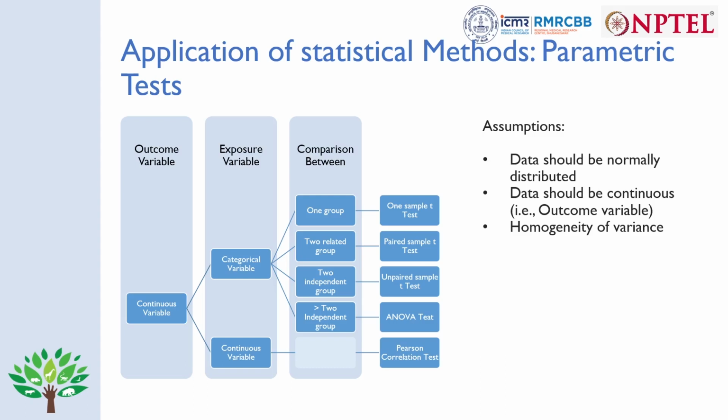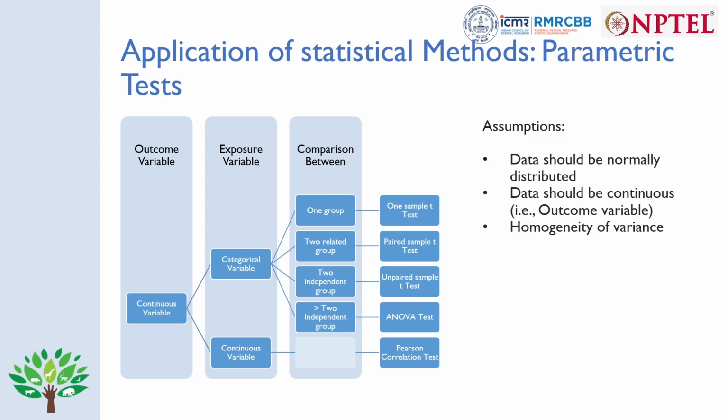Suppose we are comparing one group, then we apply the one sample t-test. If there are two related groups, meaning we are looking at values before and after, then it will be a paired sample t-test. If there are two independent groups, we use the unpaired sample t-test. If there are more than two independent groups, we can use the ANOVA test.